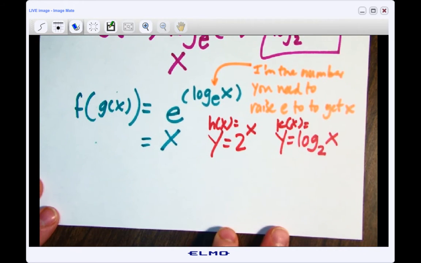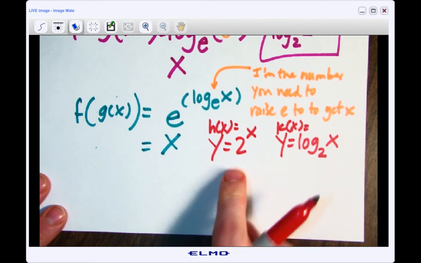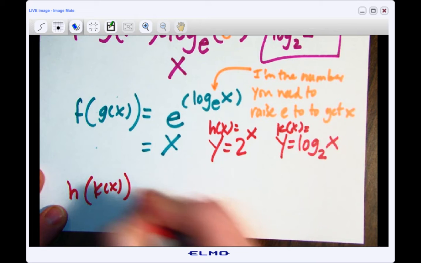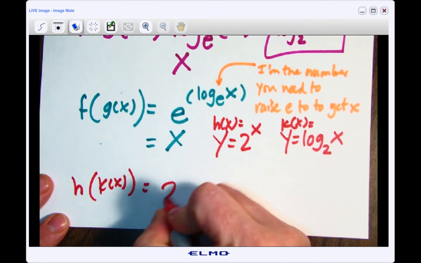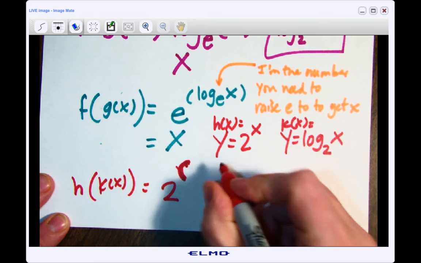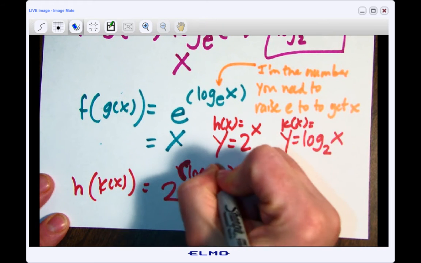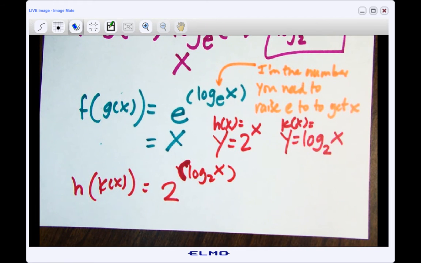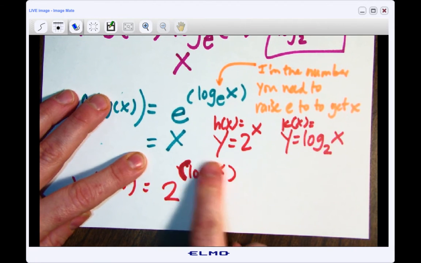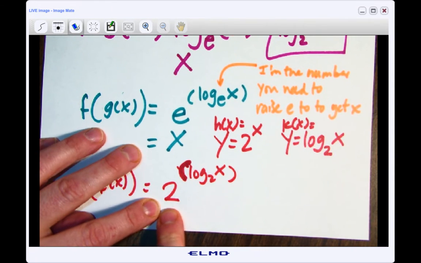So if I take h and plug k inside, so compose them, I get 2 to the log base 2 of x. Okay. So this says whatever I have to raise 2 to get x, that's what I am. And I'm raising 2 to it.